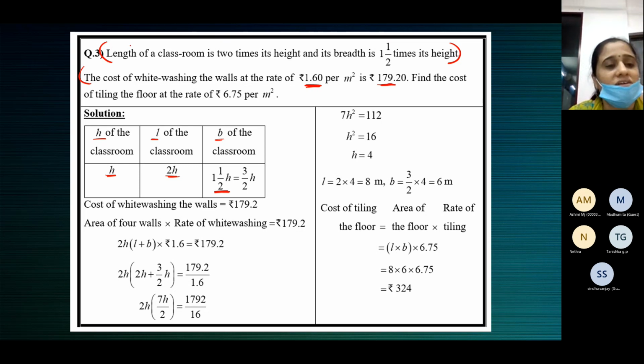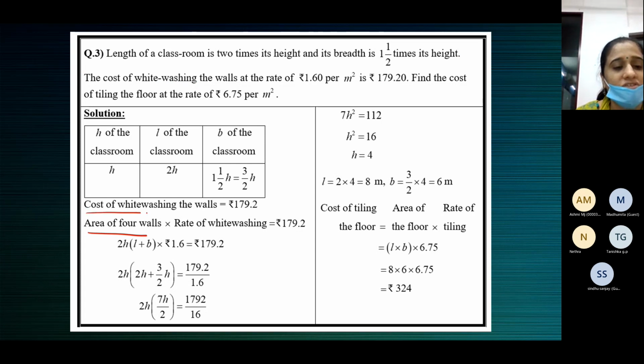So what work is done here? The walls are whitewashed. How do you find the cost of whitewashing? Whatever is the area of the walls multiplied by the rate will be the total cost. Why area of 4 walls? Because 4 walls only are whitewashed.